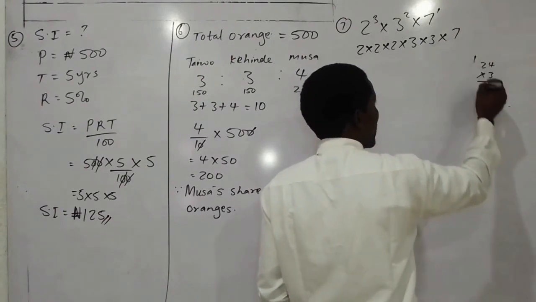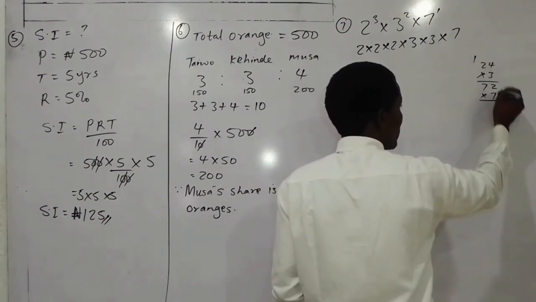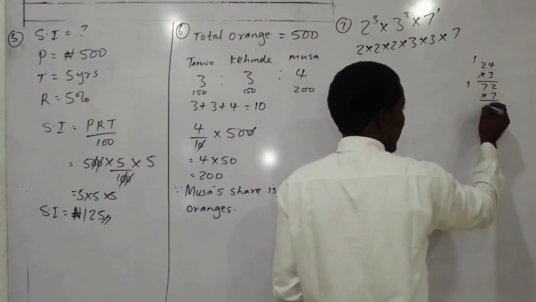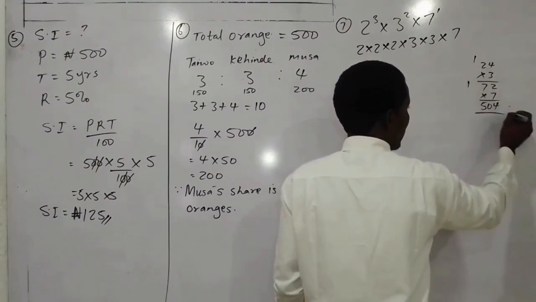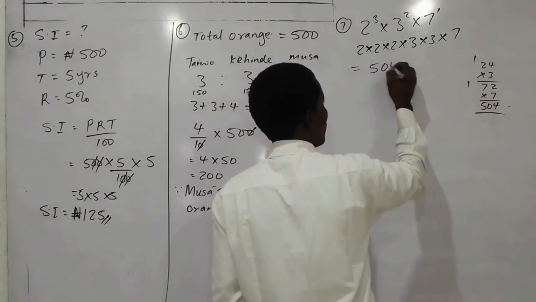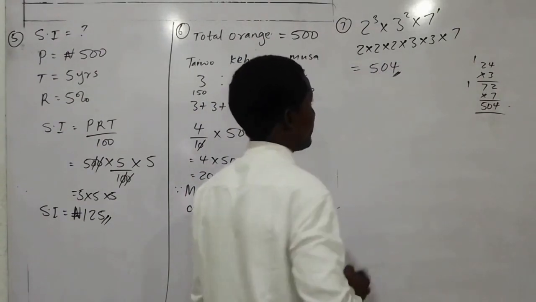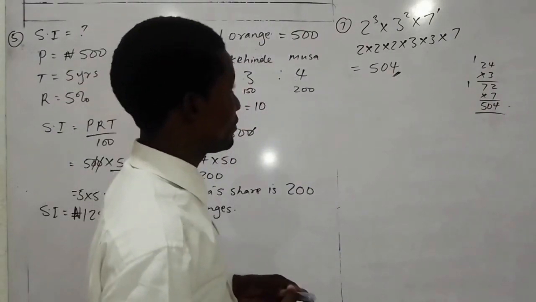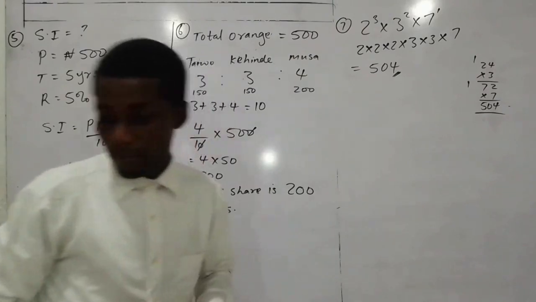And 72 times 7 will be 504. That will be the value of 2 raised to the power 3 times 3 raised to the power 2 times 7 raised to the power 1.